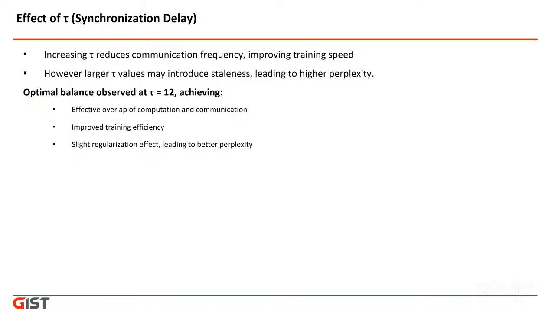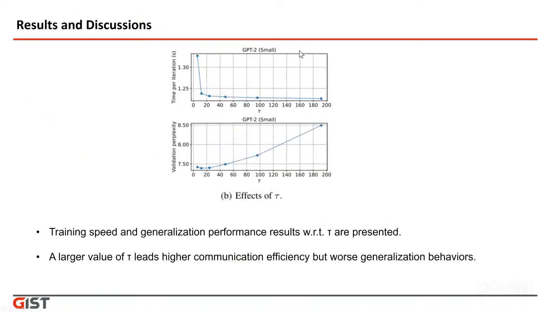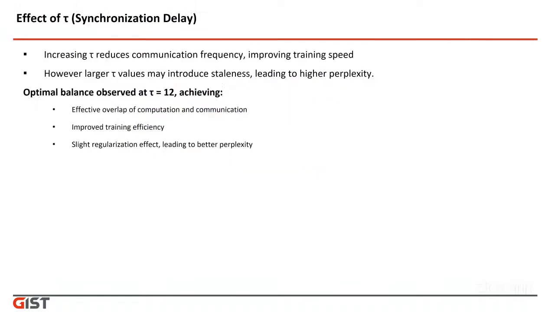So the effect of tau steps in the synchronization, which is how many steps synchronization should delay. As you see in the perplexity graph, by increasing this, it improves the communication efficiency, but it reduces the performance of the model. It increased the perplexity also.